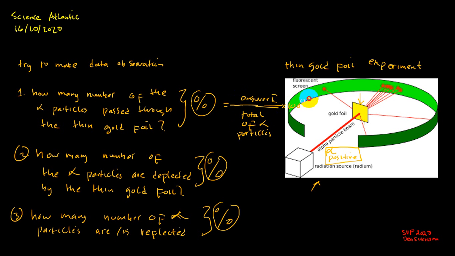For example, if you have 5 alpha particles passing through, and the total alpha particles you count one by one, 1, 2, 3, 4, 5, 6, 7, that's the total. You count everything as the total of alpha particles, and then times 100. I think you understand, hopefully.